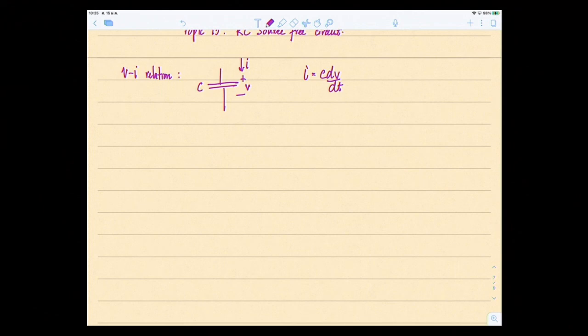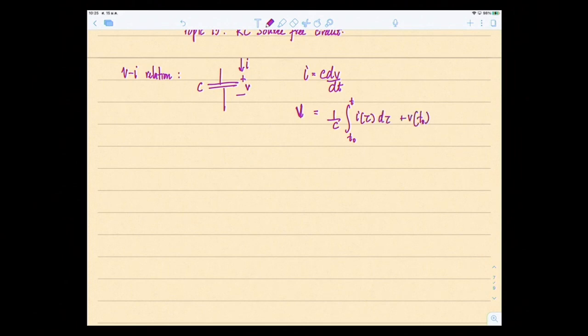If you want to find the voltage across this capacitor, then you integrate it. So it becomes V equal to 1 over C, integrate from the time that you want, of I, plus V at t naught.